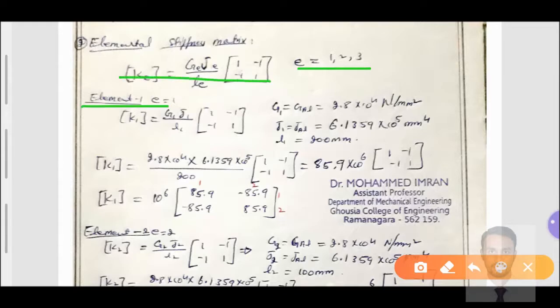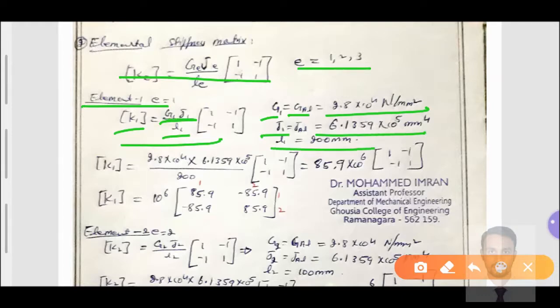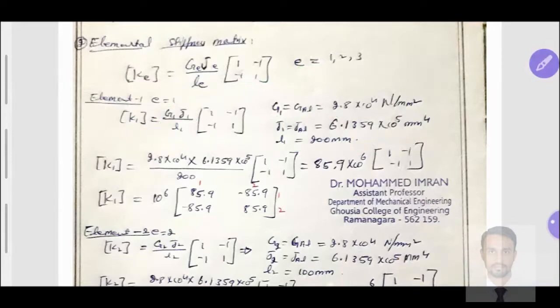Then this equation is K1 equals G1 J1 divided by L1 times 1 minus 1, minus 1 1, where the element is made of aluminum material, so G1 is G_AL. This value we have taken from the figure, and the polar moment of inertia we have found for the aluminum material. The length of the element is 200 mm. Substitute all those values in this equation.